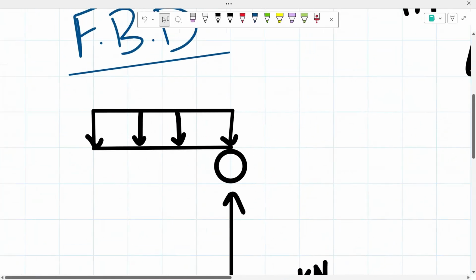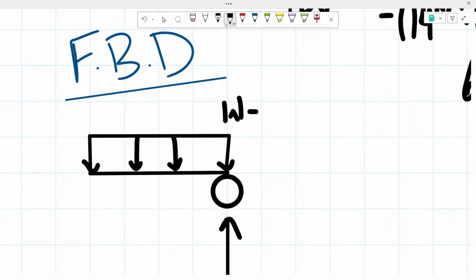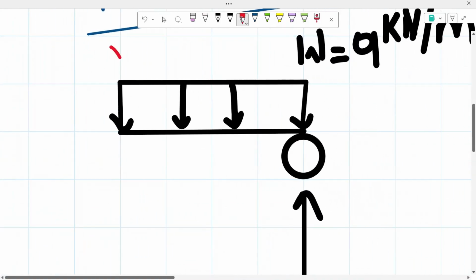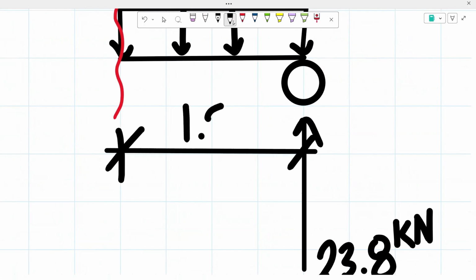From there, we said this distributed loading, we know that it has a weight of 9 kilonewtons per meter. We said that we have our cut on the left side, and then from there, we know that the beam has a span of 1.5 meters.